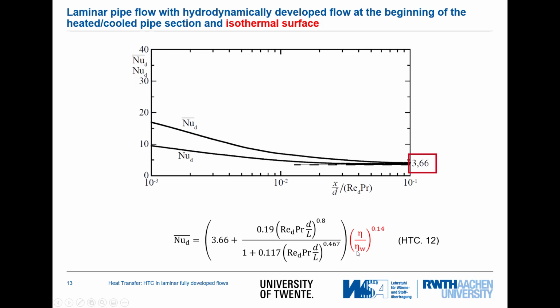Then you will change the velocity profile because the shear near the wall, or the velocity increase close to the wall, is much higher. So you will come to a more plug flow-like velocity profile. And in this sense you have an intensification of the heat transfer coefficient because the viscosity at the wall is lower than the viscosity of the bulk liquid.